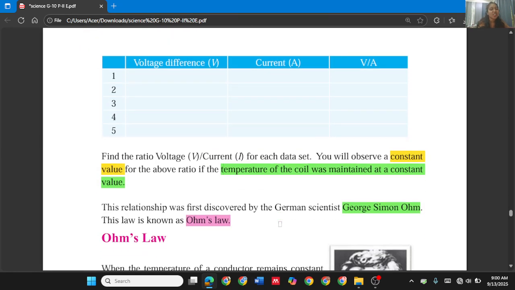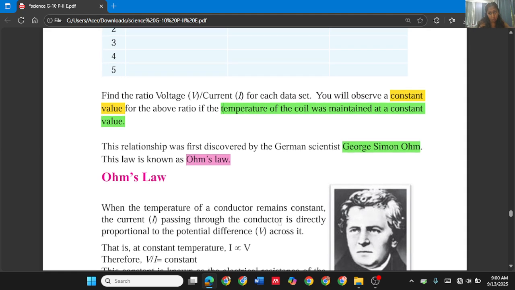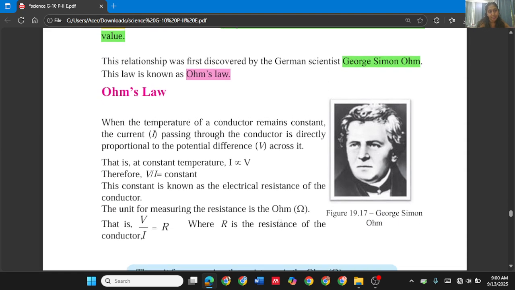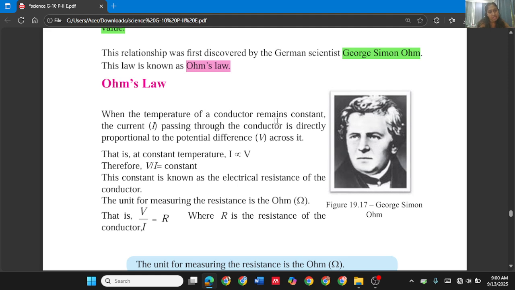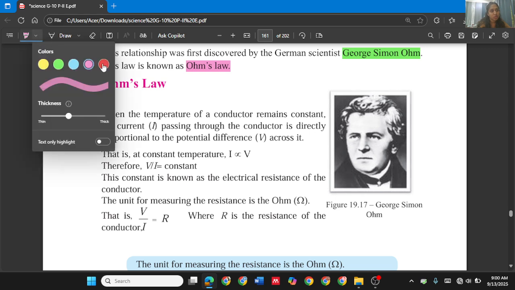It gives a constant value. So this one is called Ohm's law. Who discovered this one? It's George Simon Ohm.